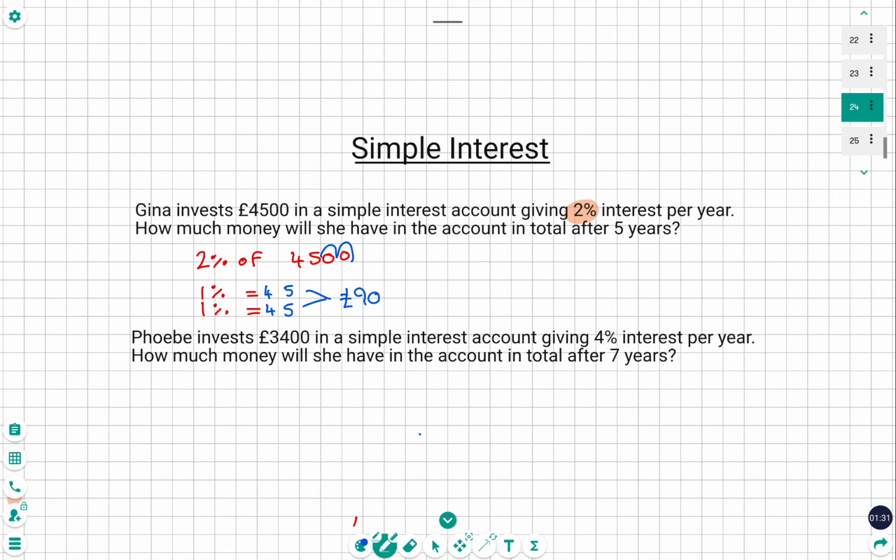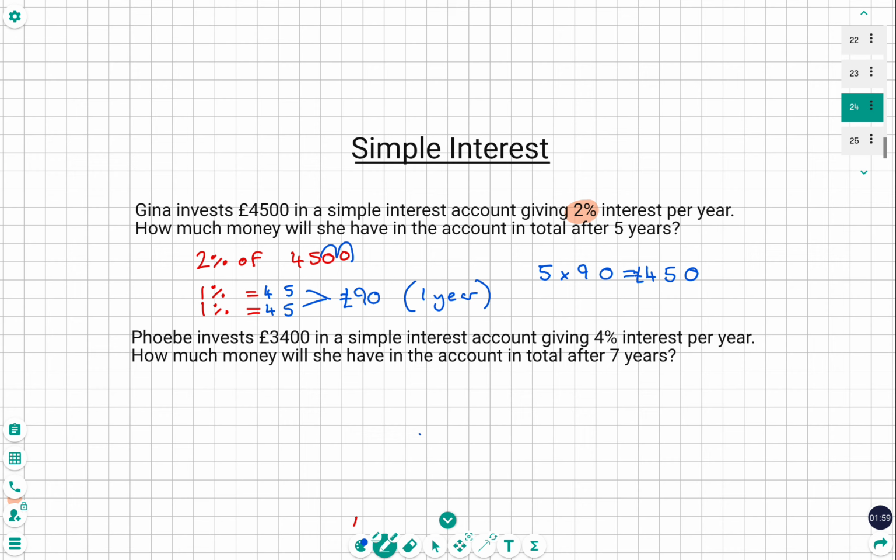Okay, so that was for 1 year. That's 1 year's worth of interest. Now, I don't need 1 year, I need 5 years. So for 5 years of interest, I'm going to do 5 lots of £90. So 5 times 90, so 5 times 9 is 45. So it's going to be £450. Now, that is not my final answer, because it's how much money she has in the account after 5 years.